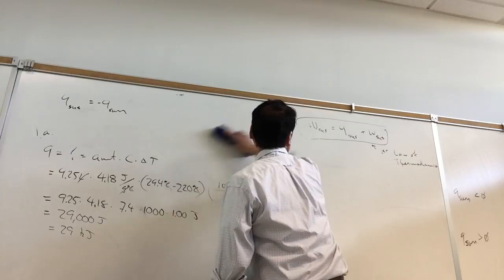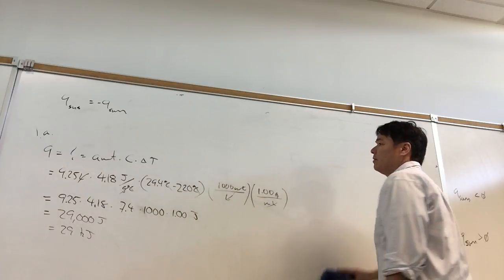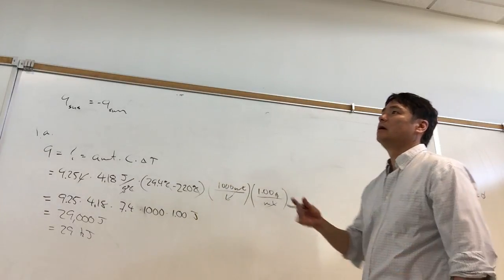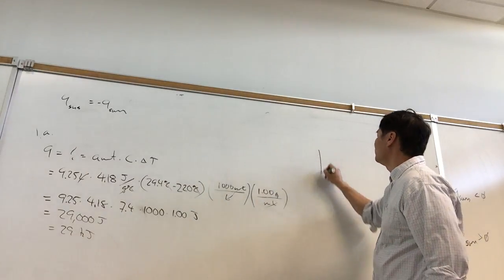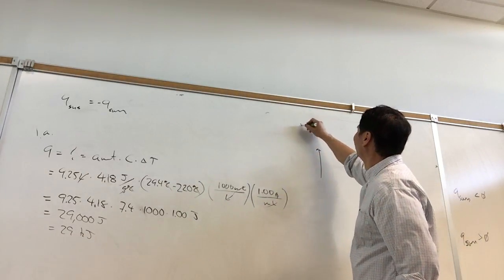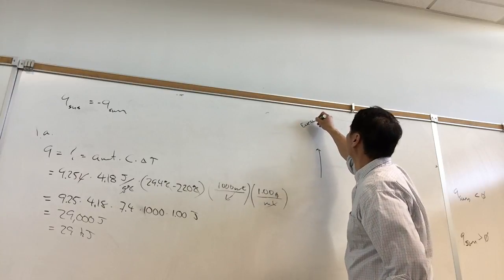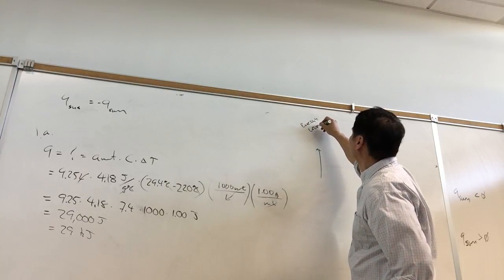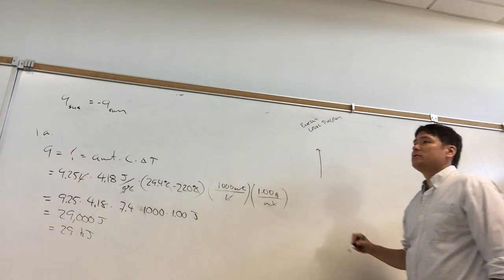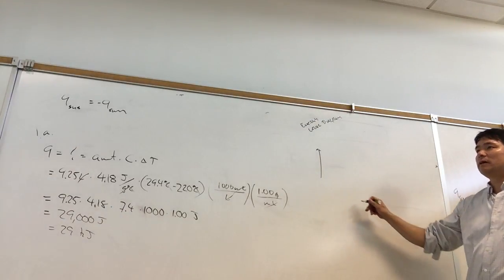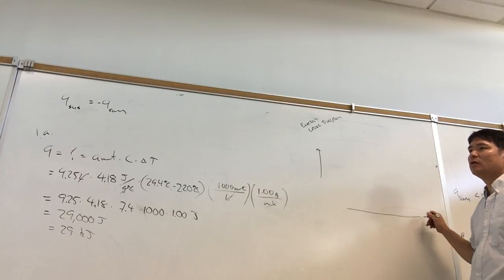All right, in terms of our system, we want to start visualizing something like this. And so when we visualize something like this, we set up what we call an energy level diagram. And so what we're doing is we're starting off at a lower energy, that is a lower temperature water.